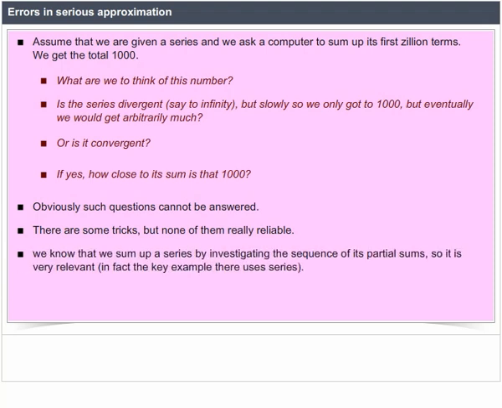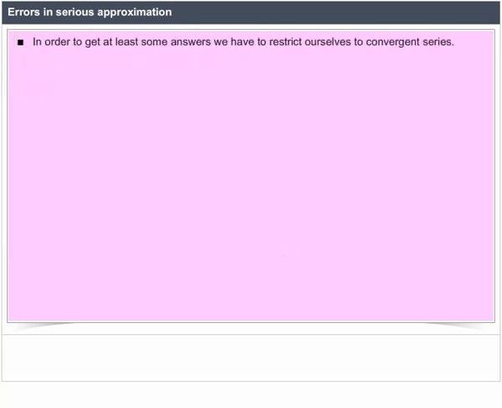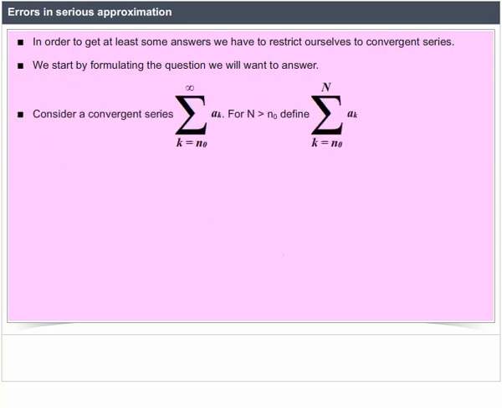We know that we sum up a series by investigating the sequence of its partial sums, so it is very relevant. In fact, the key example there uses series. In order to get at least some answers, we have to restrict ourselves to convergent series. We start by formulating the question we will want to answer. Consider a convergent series, summation k equal to n naught to infinity a_k.